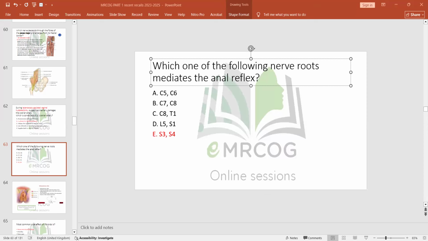Okay, and for the nerves, the inferior rectal comes from the pudendal nerve. Sometimes it takes branches from the sacral plexus. This is also a very important exam question.